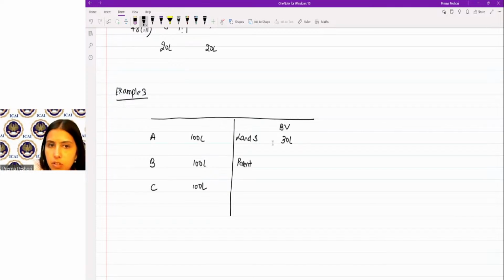There is a patent of WDV 45 lakh. And there is cash of 225 lakh. The land was acquired more than 2 years ago, so this is a long-term capital asset. The patent was developed or registered 1 year back.